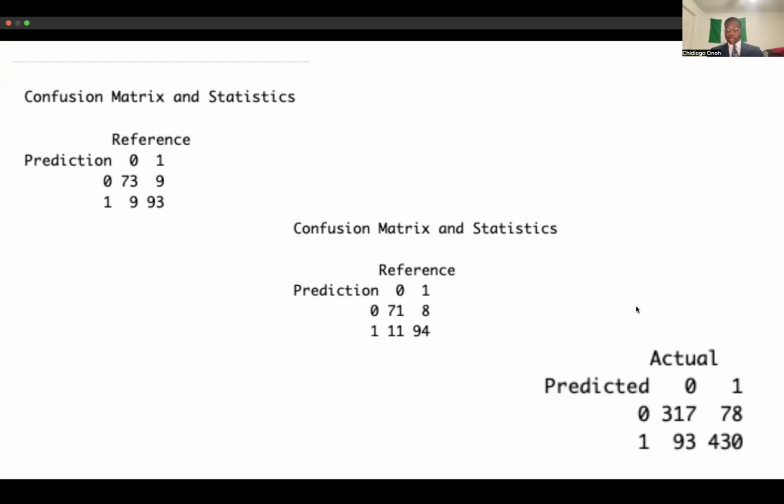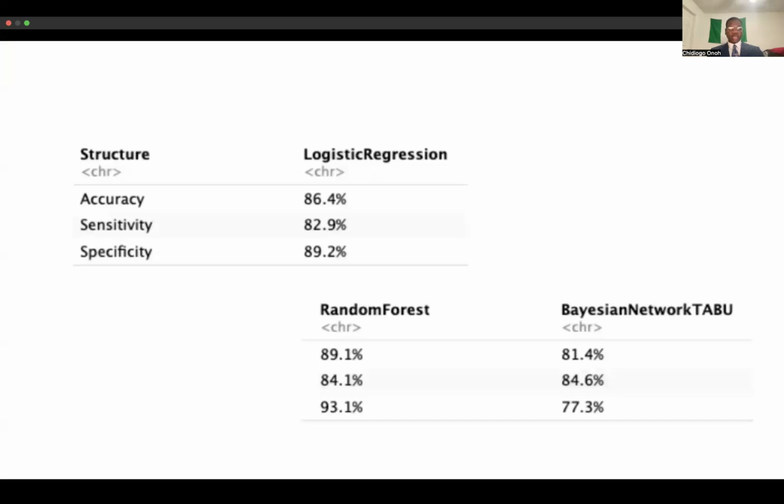And in the bottom right, we'll see our Bayesian network with our Taboo algorithm. To understand those numbers in the confusion matrix, we have a table here showing the accuracy of logistic regression, random forest, and Bayesian network Taboo.